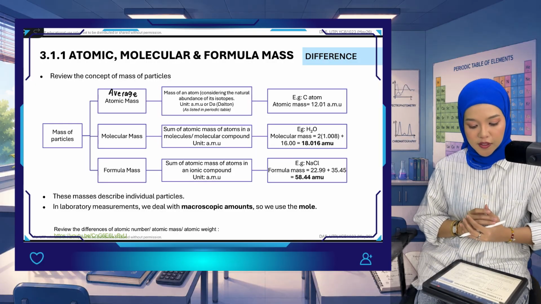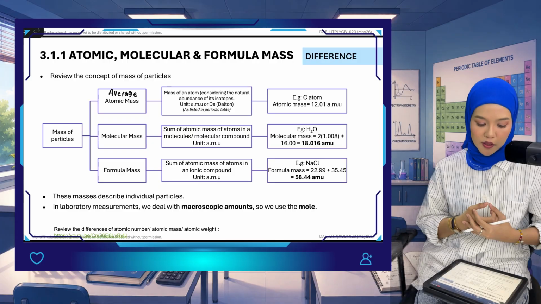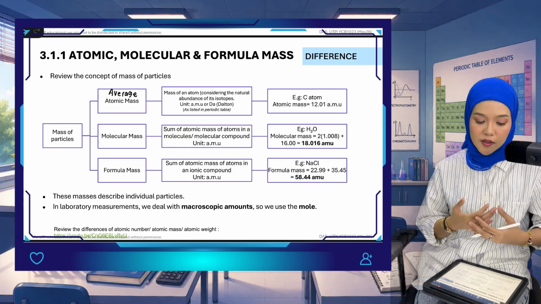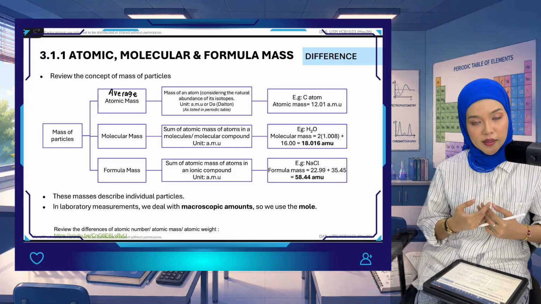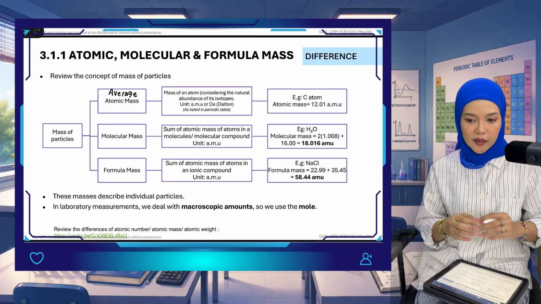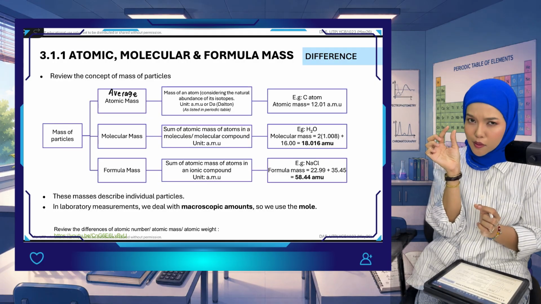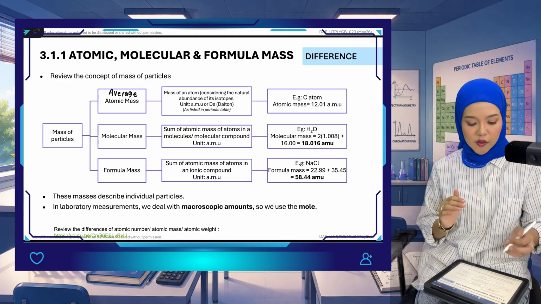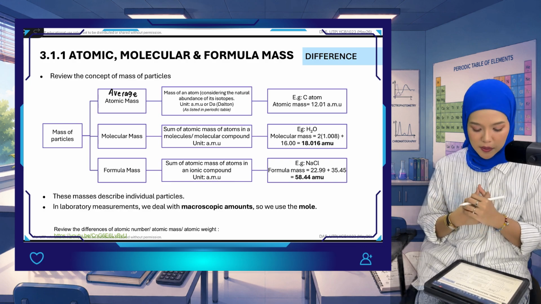Now, the first part of the review that we are going to look at is the difference between atomic mass, molecular mass, and also formula mass. These are all masses of particles, like all the small particles. For example, you have average atomic mass, or sometimes we just call it atomic mass.